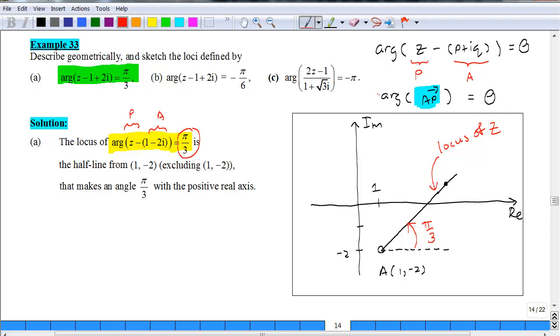If we define it in terms of a vector, we are saying that the argument of the vector AP is pi over 3, where A is here and P are all the points on this line. So AP forms an angle of pi over 3.